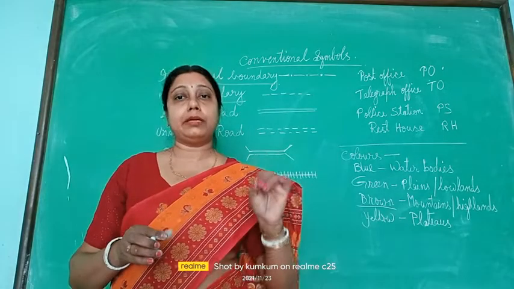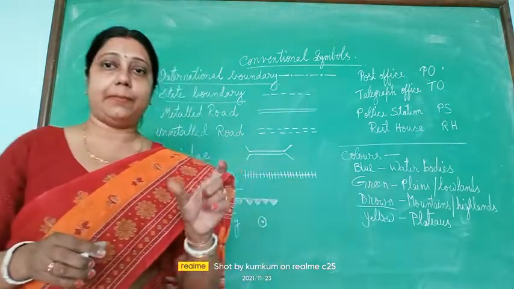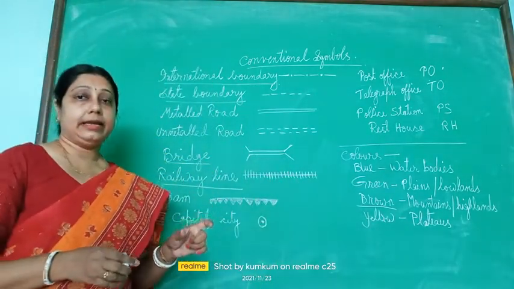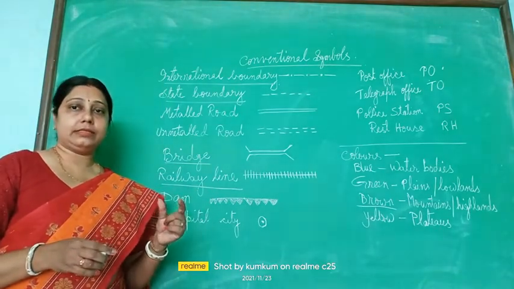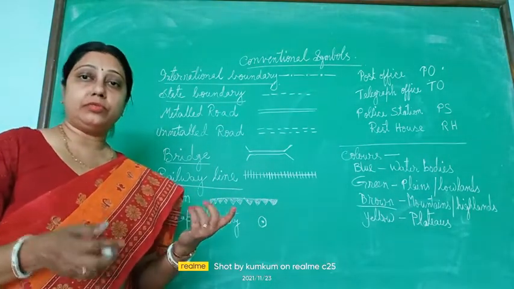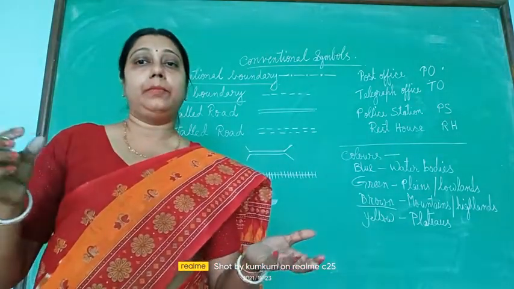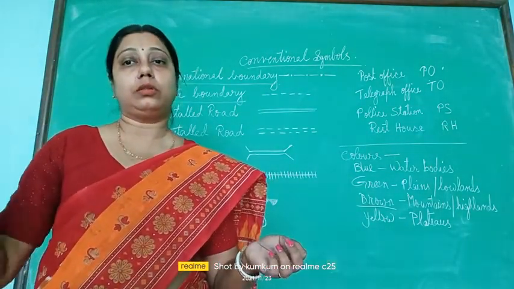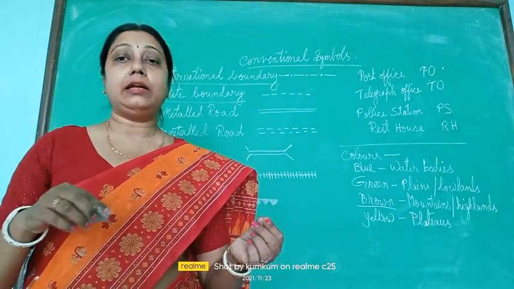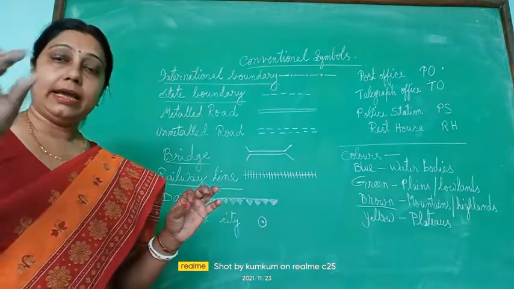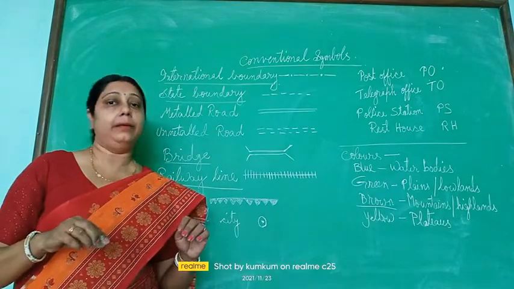So maps are drawn by fixing a scale, and the distance is shown likewise. And the direction is also needed; without the direction you cannot understand. If you know a place is to the northeast, you can easily find the northeast direction and search for the place on the map.